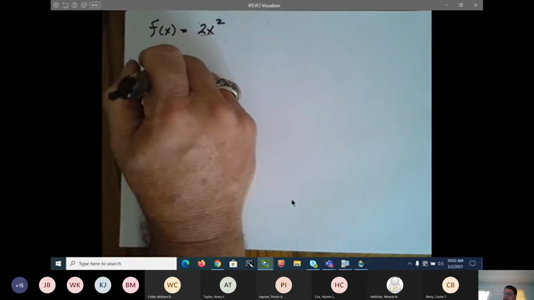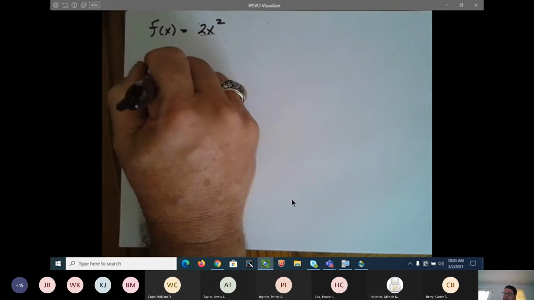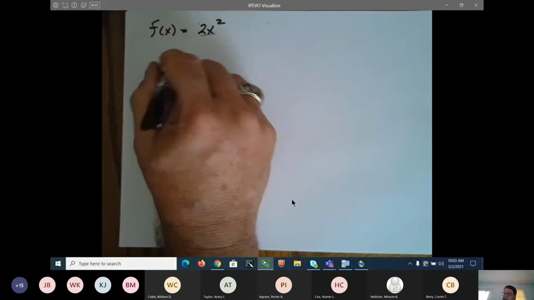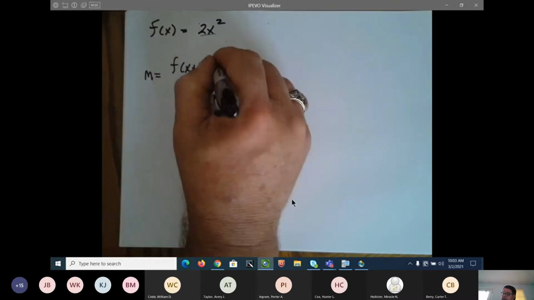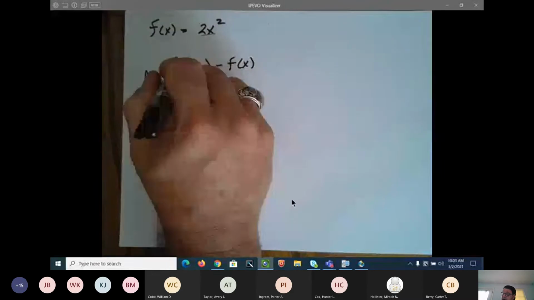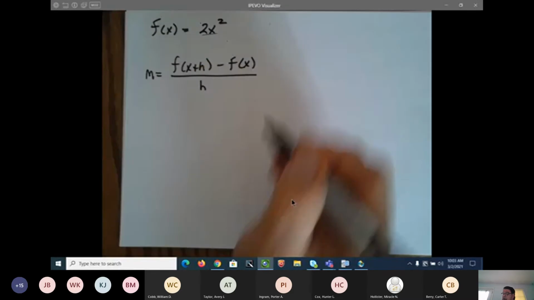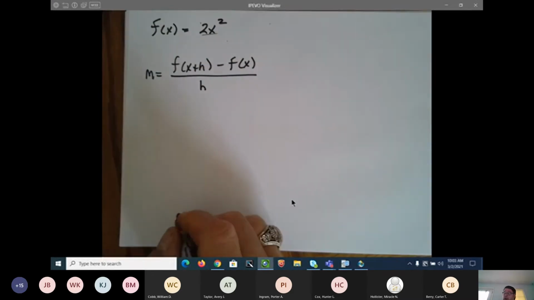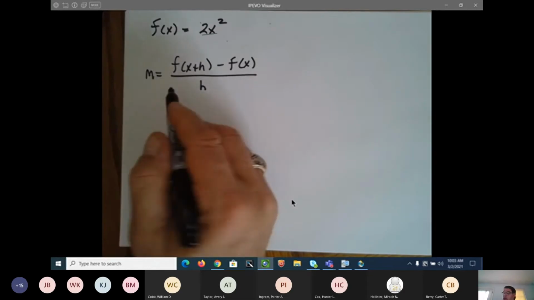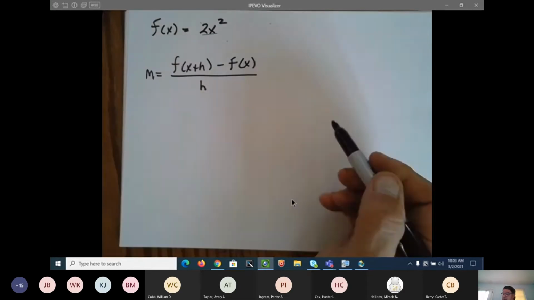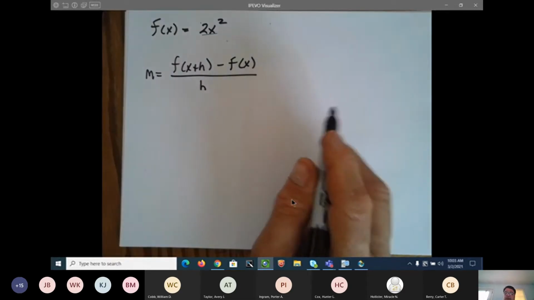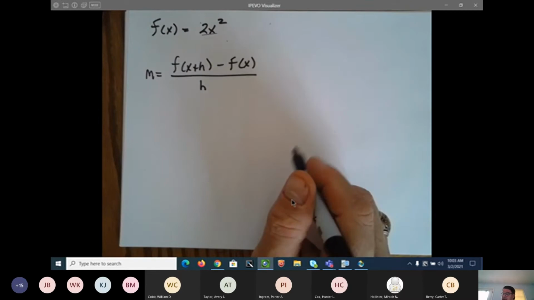So this is going to be m is equal to f of x plus h minus f of x divided by h. Now we're going to kill 2 birds with 1 stone. We're going to do the algebra, and then we're going to apply the limit. I'm going to give you 2 answers, and then I'll tell you which one to punch in.